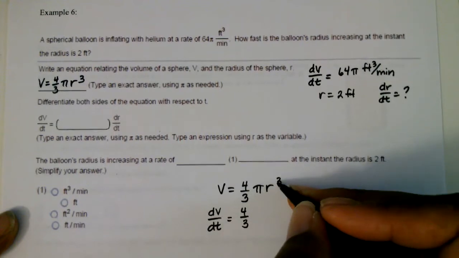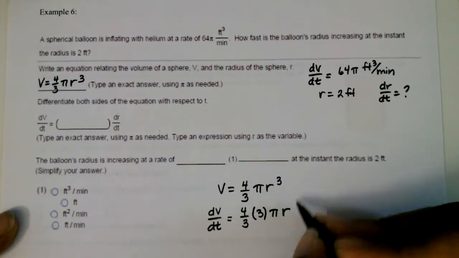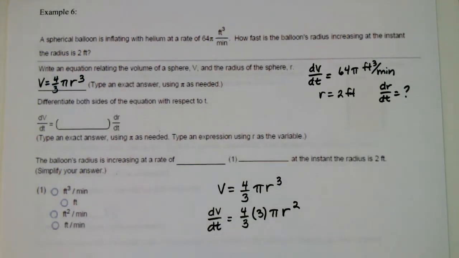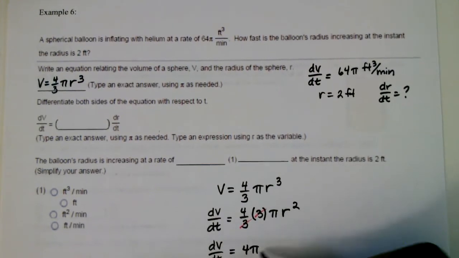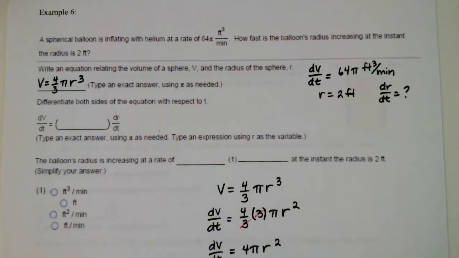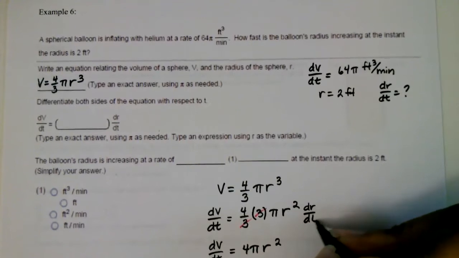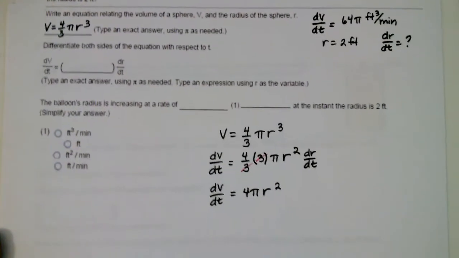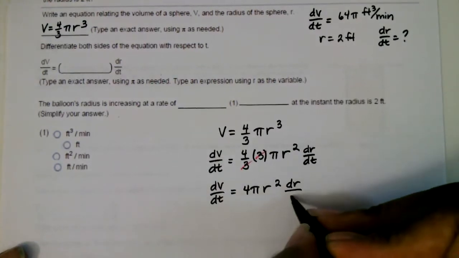The derivative of r cubed, I'm going to bring the 3 down in front of the pi, copy the r down to one less power. And then if I simplify this, those 3's divide out. I'm going to have dV dt equal to 4 pi times the radius squared, and I forgot something here, dr dt. I cannot forget that, because both of the variables have to be differentiated with respect to time.